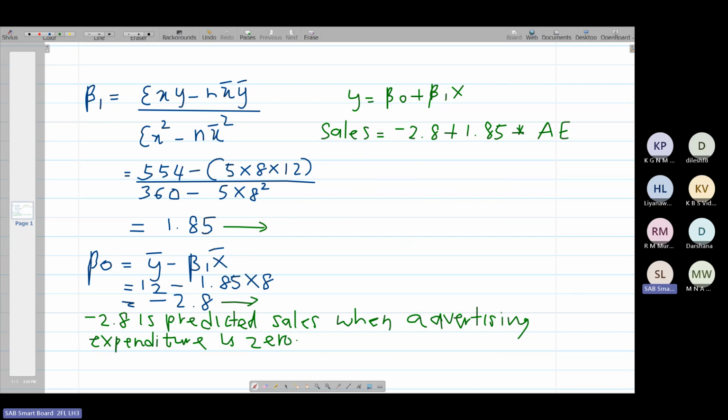Then 1.85 is the beta 1 slope. What does it mean?